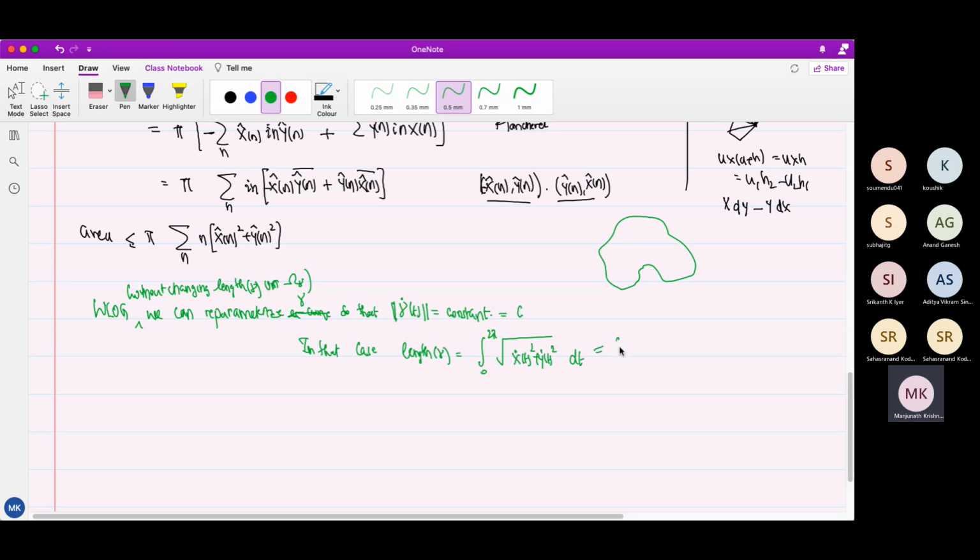But on the one hand, this is a constant c times 2 pi. So that is the length. But I still need to bound this.